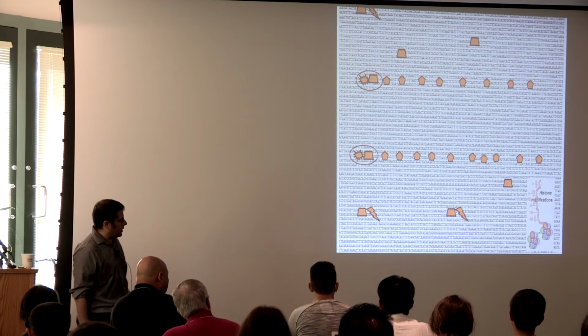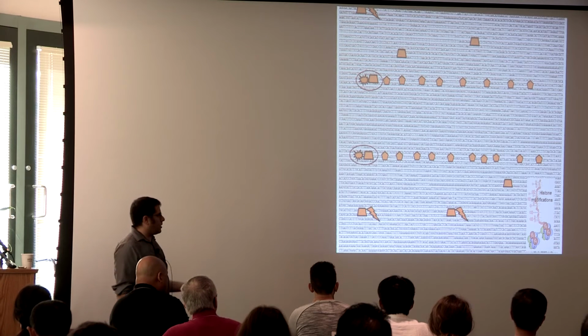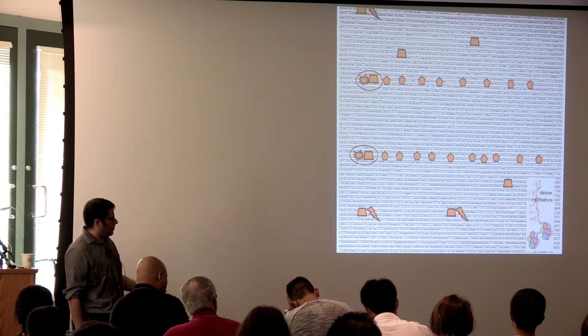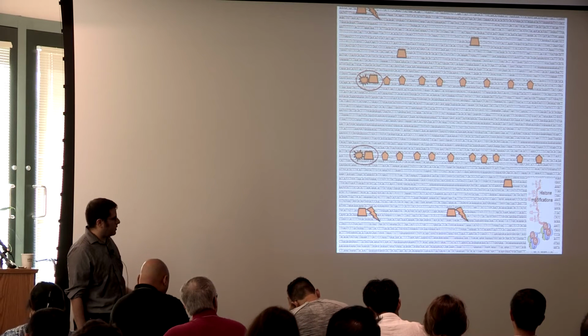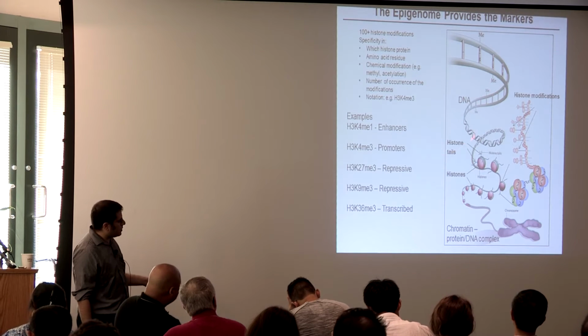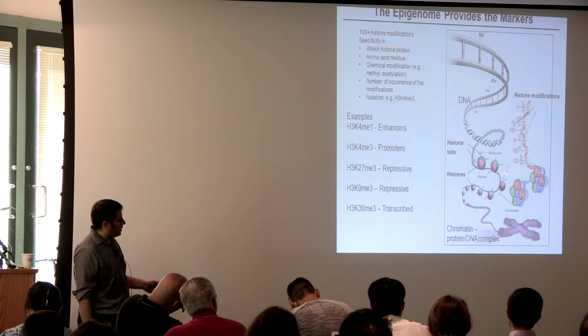And it turns out that biology has given us the equivalent of these Post-it note markers in the form of epigenetic modifications. In particular, a lot of my work is focused on a specific type of modification, histone modifications. You can think of DNA as being wrapped around nucleosome proteins, and these nucleosome proteins are composed of an octamer of 8 histones.